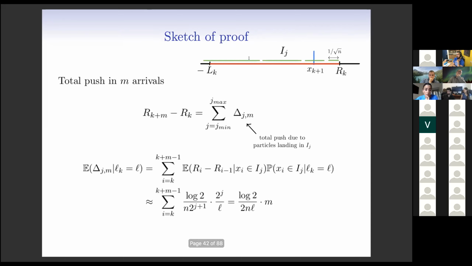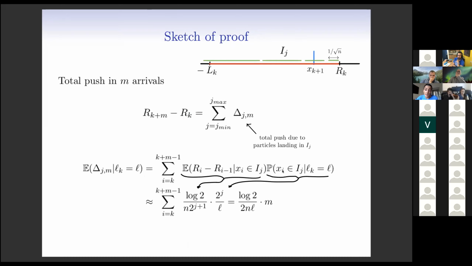And so the contribution to the push of the right extremum given by particles landing in I_j will be the sum of the push of each particle, where we take it only if it lands in I_j. And this is easily estimated when you have a control on the length of the entire interval, because this push we have already estimated.